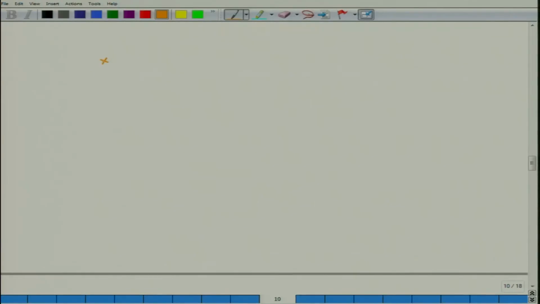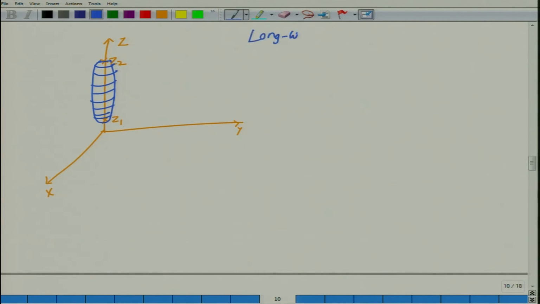The long wire antenna is kept along the Z axis, between say two points Z1 and Z2, and then of course you have your X and Y. So this is your antenna. Let me illustrate it. I have considered it to be reasonably thick, but do not be misled. This is actually a line. I have just exaggerated the picture. So this is the long wire antenna.